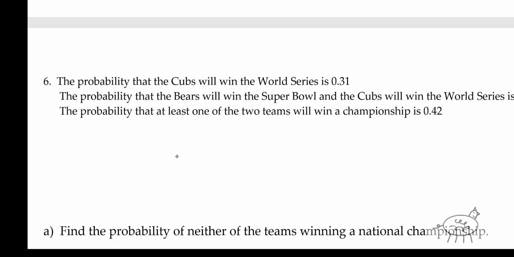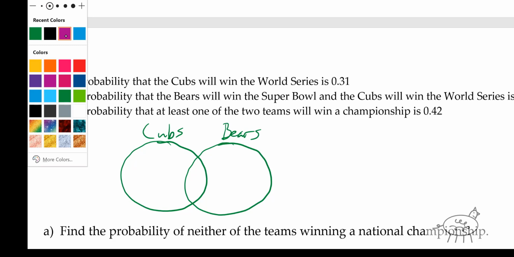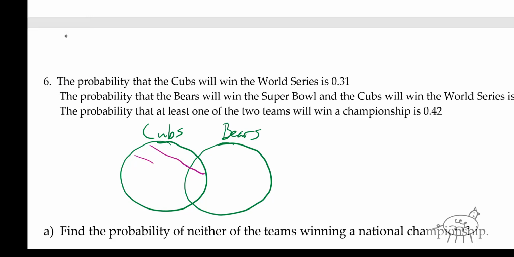So I'm going to draw this relatively quickly here. If I call this Cubs and this is the Bears. Okay, so we'll try to do different colors here. Probability that the Cubs will win the World Series is 0.31, so we'll do that in purple. So that whole thing is 0.31.